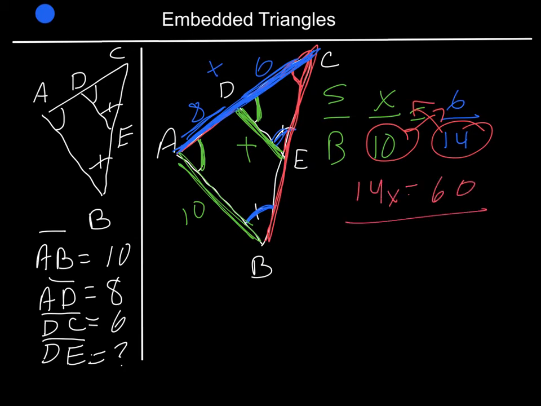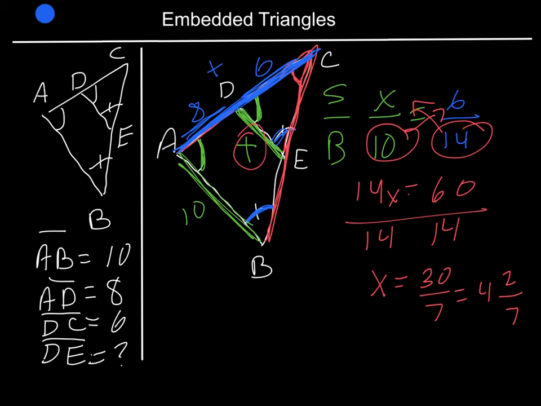Divide both sides by 14. And I get x is equal to, and again, I don't really care. If you figure out how many times that goes in there, you could just simplify it down to 30 over 7, or 4 2/7. Okay, so that means that x right here is equal to 4 2/7.